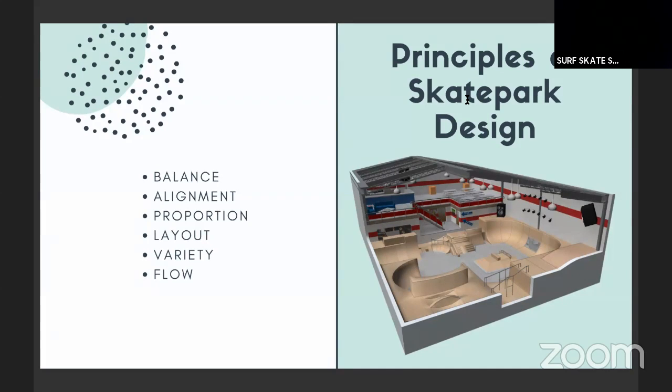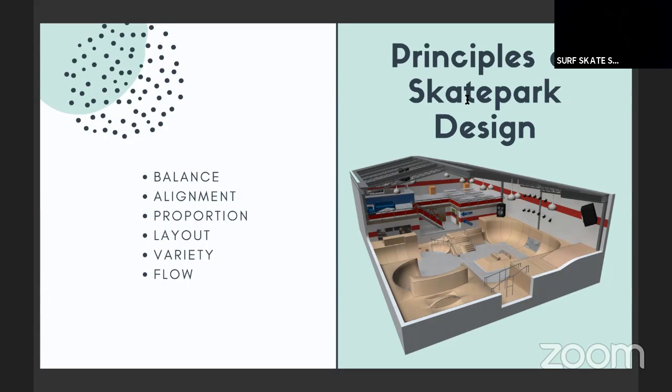And then variety is the types of ramps. There's all different types of skateboarding. There's street skating, there's vert skating, bowl skating, and park skating. You want to try to accommodate all those types of skateboarders and give them all something to skate. The last and probably most important principle is flow.